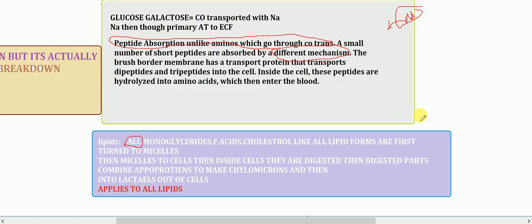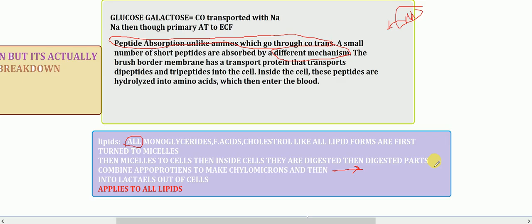I hope you know, because 90% of people know, so I'm not going to explain it. Then micelles are carried to cells. Then inside cells, they are digested, and the digested parts are then combined with apoproteins to make chylomicrons. And then they're transported into lacteals.